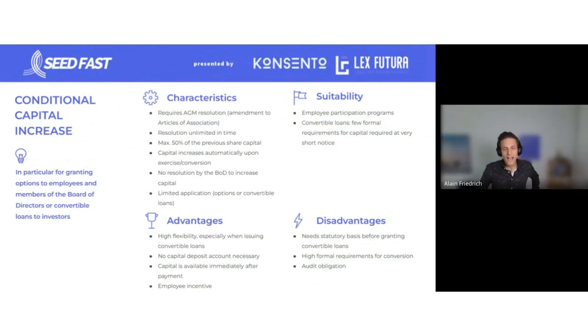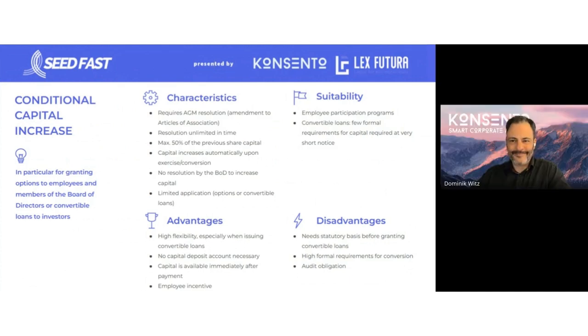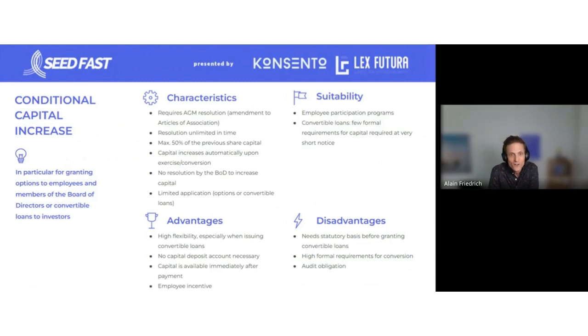Yeah. So I think the chances, and that's an advantage, of not being mentioned in the articles are higher if you have conditional capital in your Articles of Association and then enter into convertible loan agreements. Unfortunately, not many companies do this because often the argument is, I don't want to spend the notarization fee or some legal fees to have it in my articles.